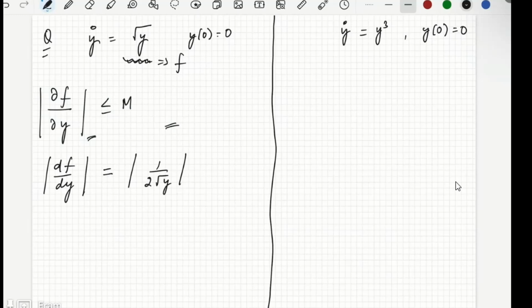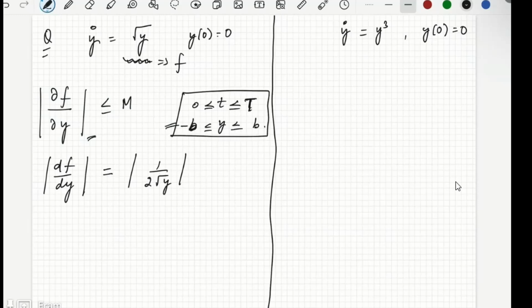So whether this will be bounded or not, for example, let's suppose I am talking about some rectangle where t is from 0 to capital T, and this y is from 0 to, let's say, some value, or minus b to b I'm talking about. So in this rectangle, if I talk about whether this derivative will be bounded or not.